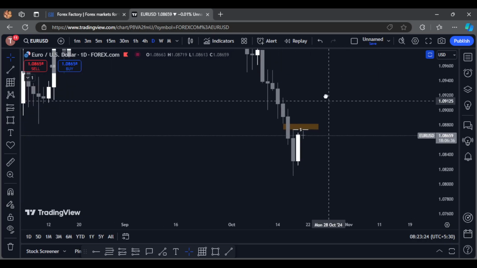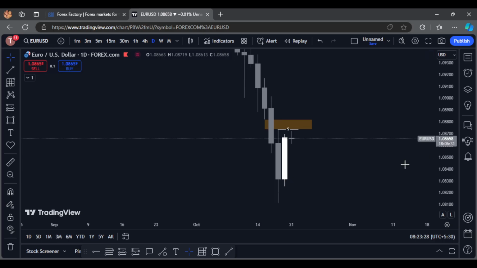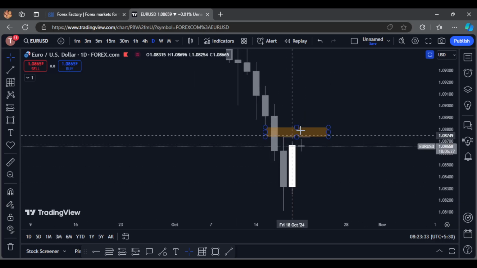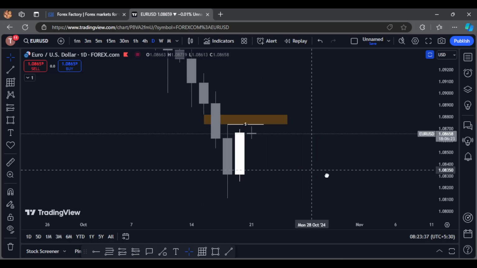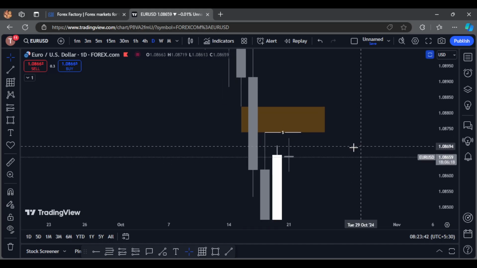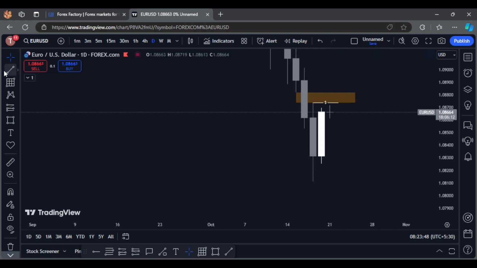So if we are going to continue our journey into the downward direction today, or into the further downside, most likely we are going to respect this FVG and then move into the downward side. So for now, this high is a vulnerable high for me. So let's move to the 4 hours to build our daily narrative. So this will be the ultimate vulnerable low if we are going to go into the downward side.